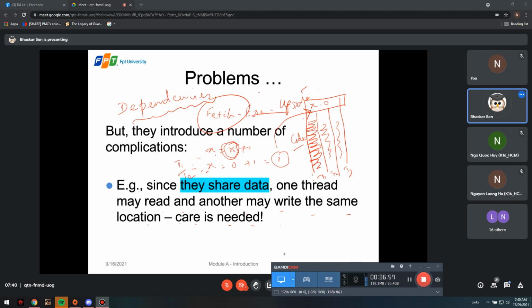That means instead of 1 plus 1, it will find 0 plus 1 because it started too early. T1 hasn't finished updating the new value into the data. So if it continues, you'll get a strange kind of output. Instead of 3, you will get 2.